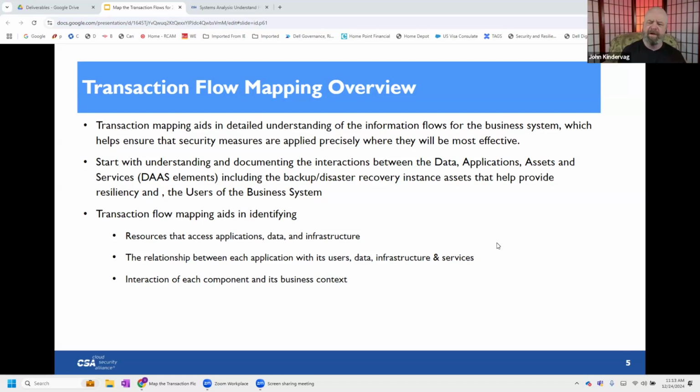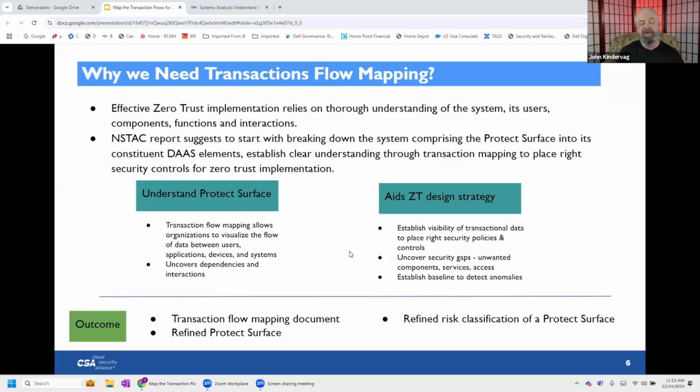And oh, by the way, Eric, I do have an image of the very first transaction flow map that I had done by Deloitte 15 years ago, if you wanted to insert it into the video. This image is an example of the very first transaction flow map that I had done.